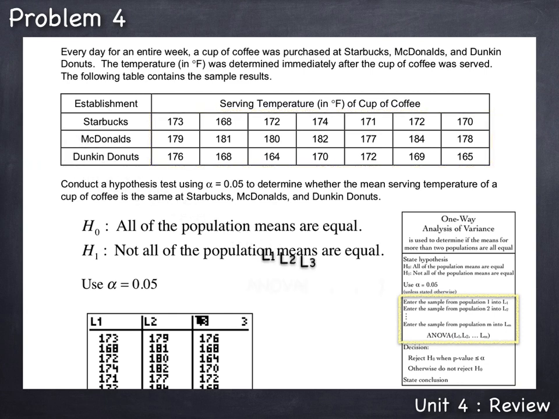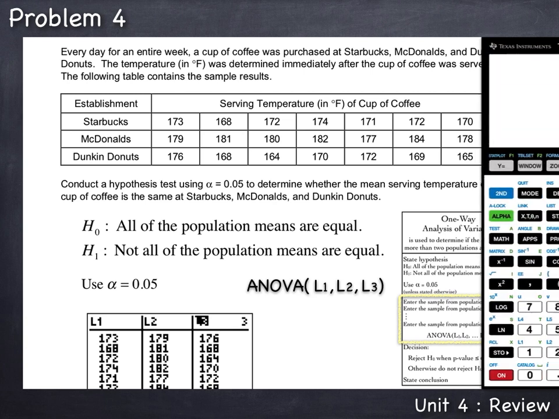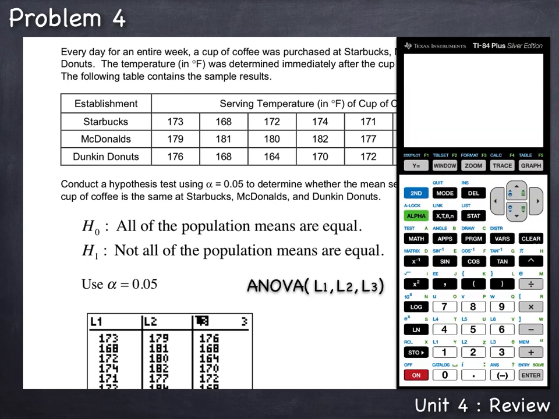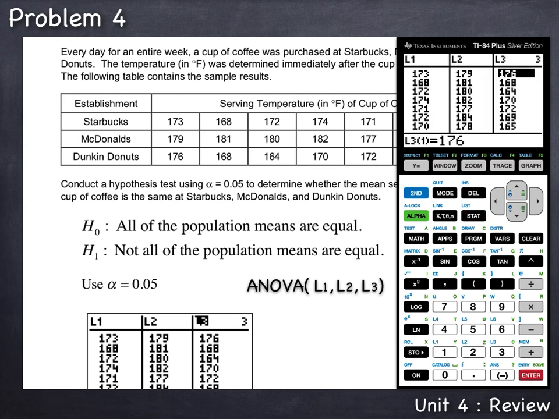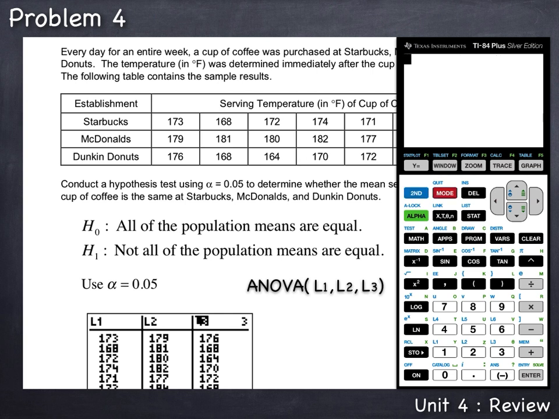The ANOVA command requires you to execute the ANOVA command followed by all the lists of data from the samples. In this case, list 1, list 2, and list 3, all separated with commas. To do all of this on a TI-84 calculator, press Stat, Enter to get to the list editor, and then enter in all the sample data into the lists. Then second, mode, quits.